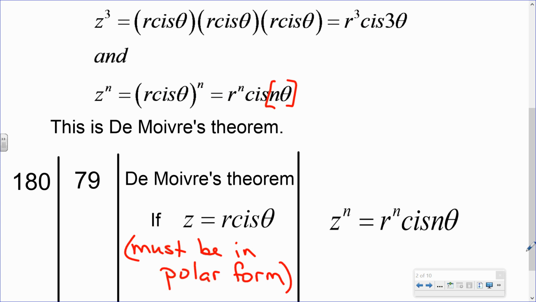However, the catch is it must be in polar form to use DeMoivre's. Rectangular form, we don't have a nice little shortcut for that.